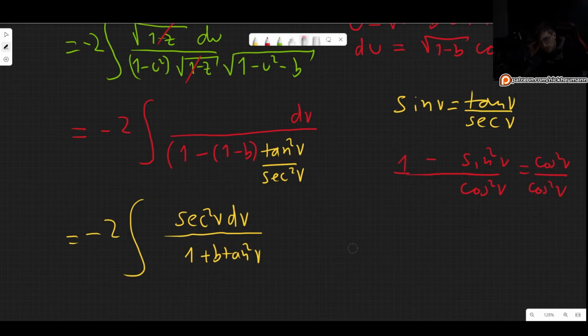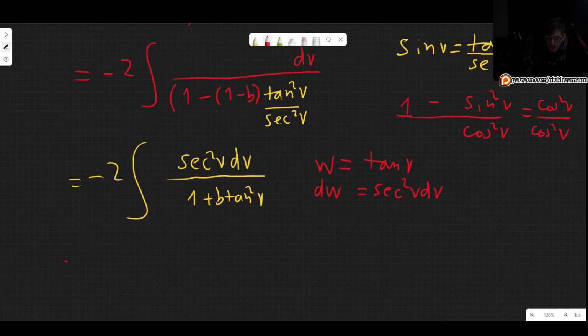And it may still look difficult, but we actually made a lot of progress. Because now we have the tangent and we also have the secant squared. And we know that the secant squared is the derivative of the tangent. So if we do another substitution, let's say with w, so w is the tangent of v, then dw is the secant squared of v dv, which is exactly what we have there.